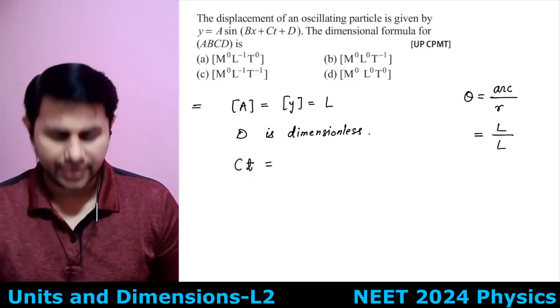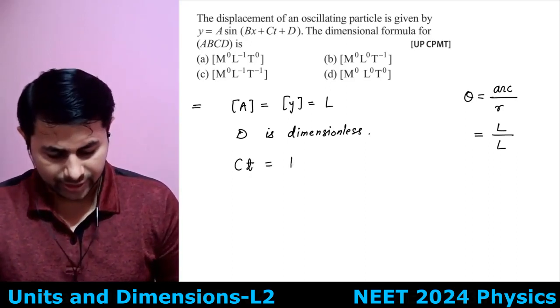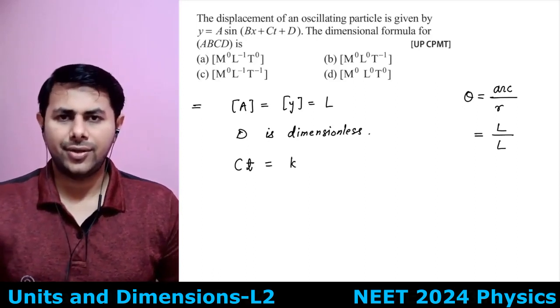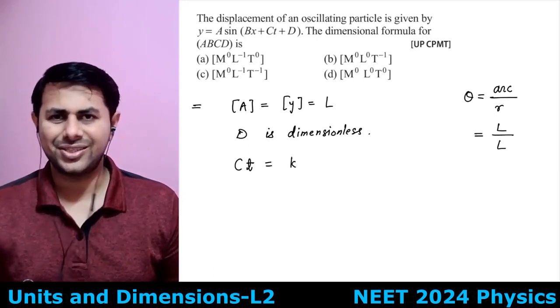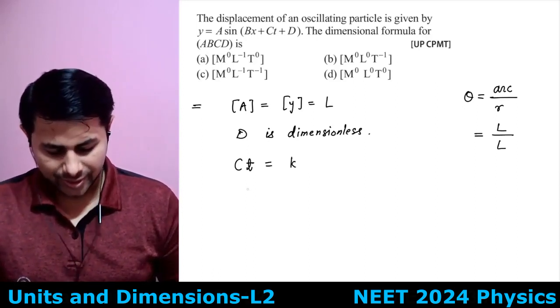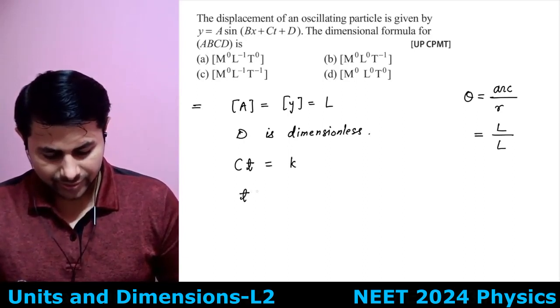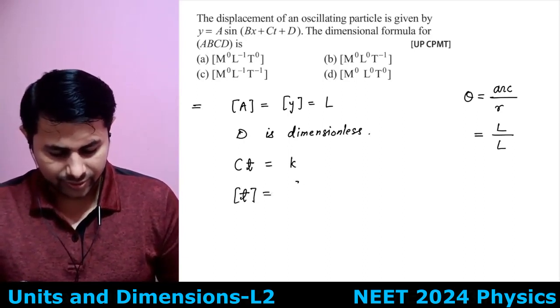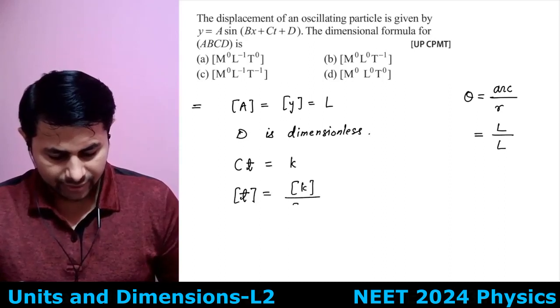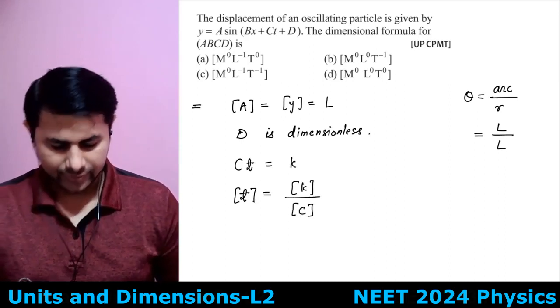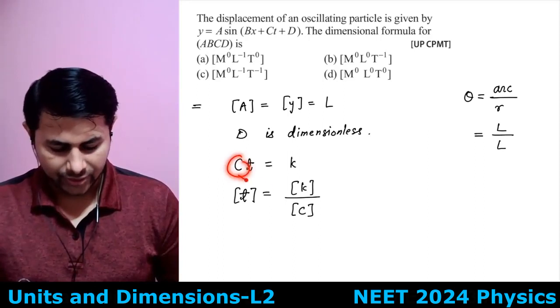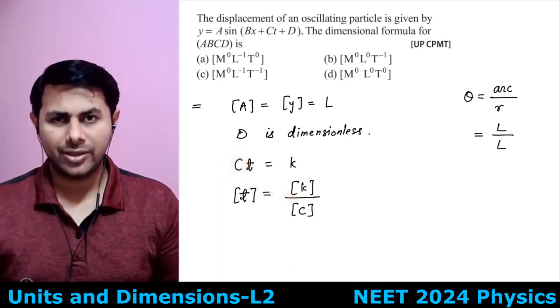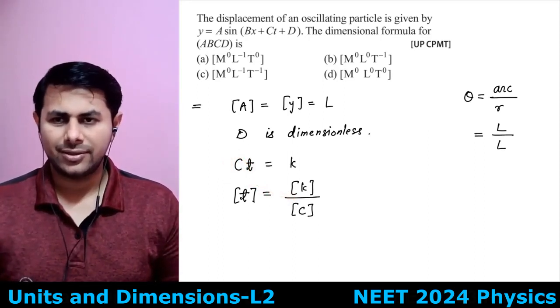So you can write c times t is any dimensionless number k, a constant, just a number. So the dimensions of t are equal to the dimensions of k divided by the dimensions of c.